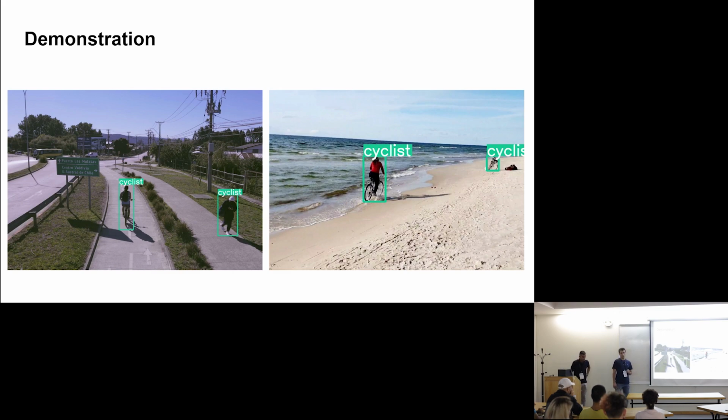By multi-label training, I mean that we trained with two classes instead of one cyclist class. We trained to detect person and bicycle alone, and when person and bicycle are in the same bounding box, it is classified as cyclist.